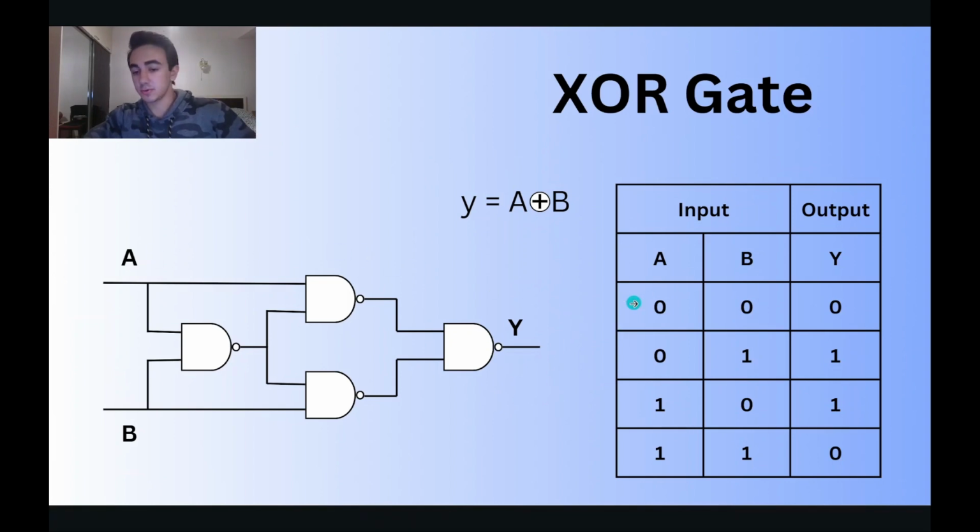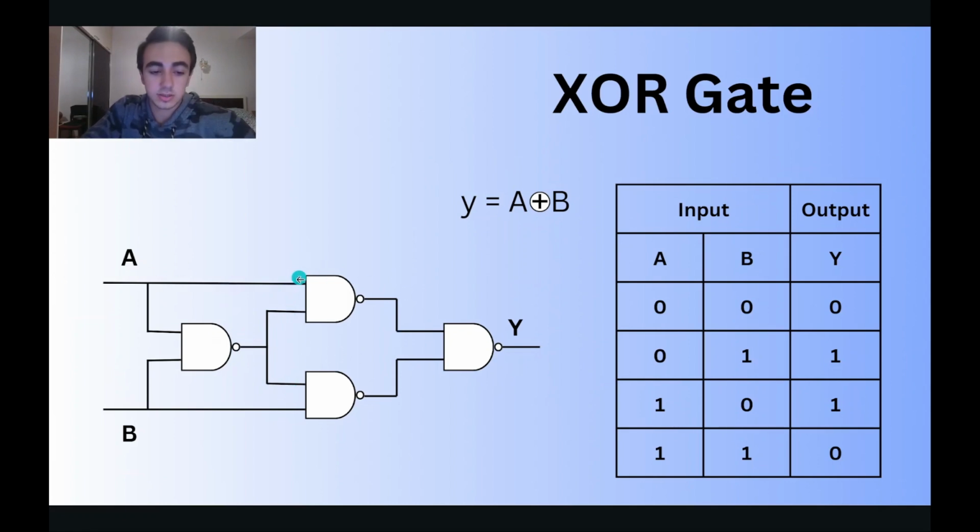In case both inputs are 0, A is 0, B is 0. A comes to here and B comes to here. Both are 0. We recall the AND gate: when inputs are both 0, the AND gate would output 0, but the NAND gate outputs 1. So the 1 goes here and here.